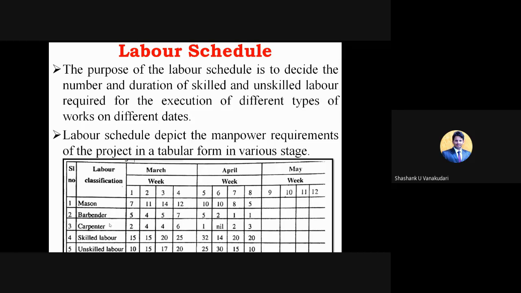Similarly for week 3, 4 masons are required, and for the fourth week of March, 12 are required.